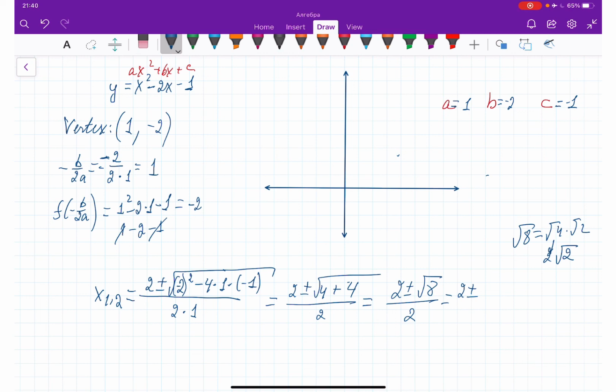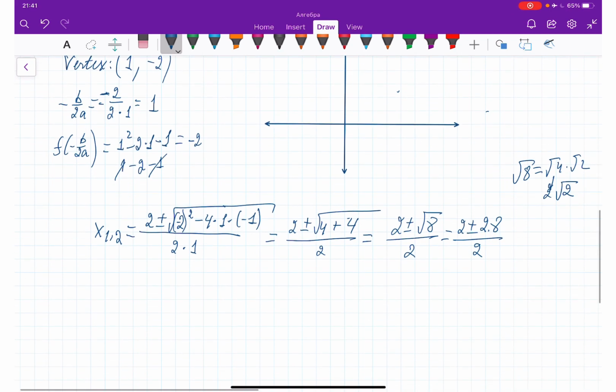So we do 2 plus or minus 2.8 over 2. All right, x1 is equal to 2.8 plus 2, divided by 2, which is 2.4.